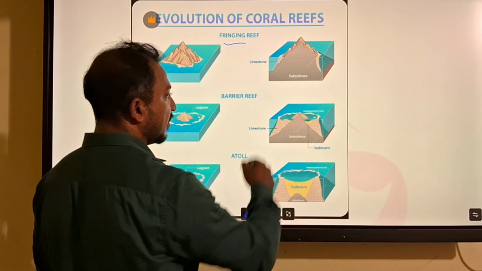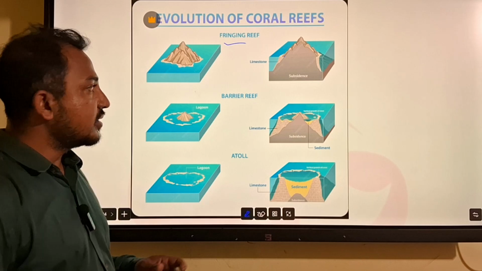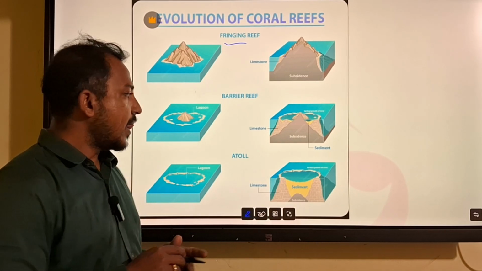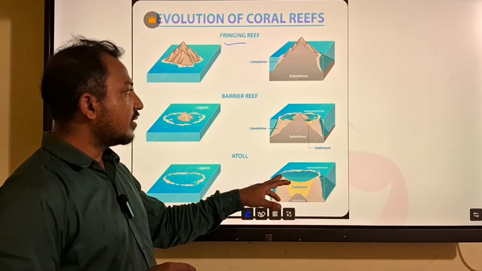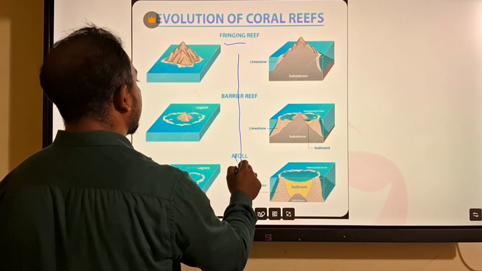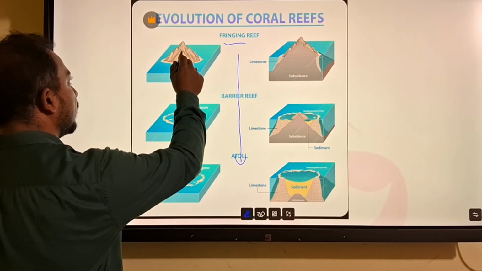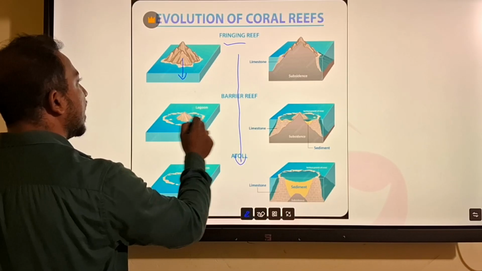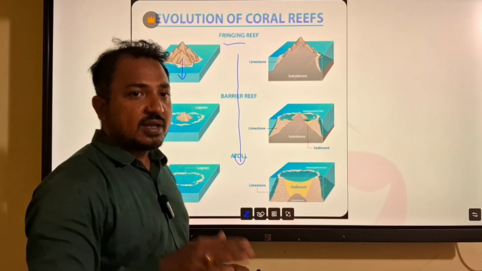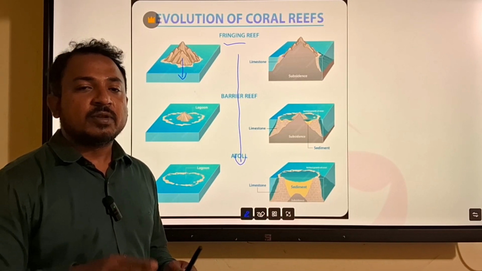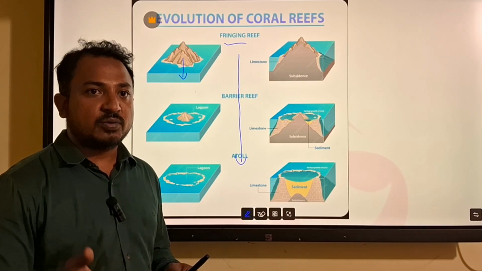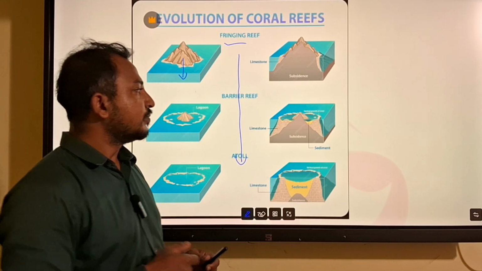And atolls are circular, where the mountain or island is completely submerged. So this is the evolution: first the mountain is gradually submerging, and the coral reefs are reducing, because when the mountain submerges, the ocean depth increases, and coral reef cannot sustain below a depth of 200 meters.